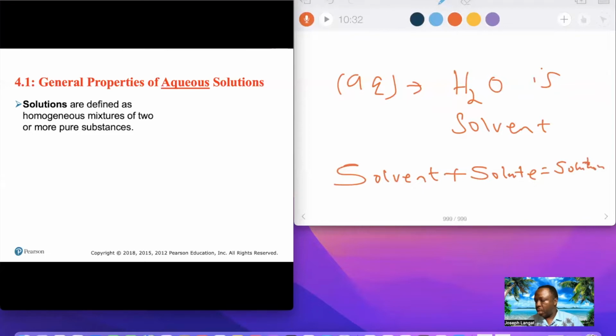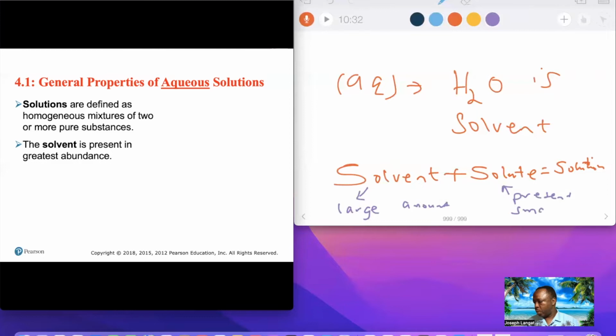We defined heterogeneous and homogeneous mixtures earlier on, but a solution is a homogeneous mixture of two components. Solvent is present in large amount, and the solute is present in small amount.